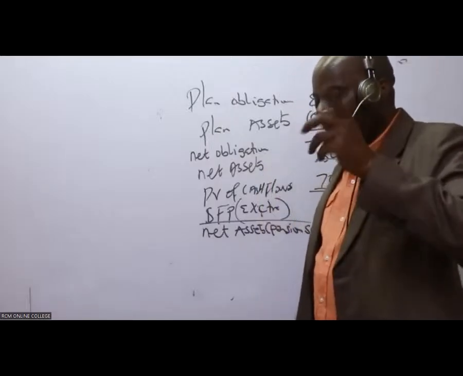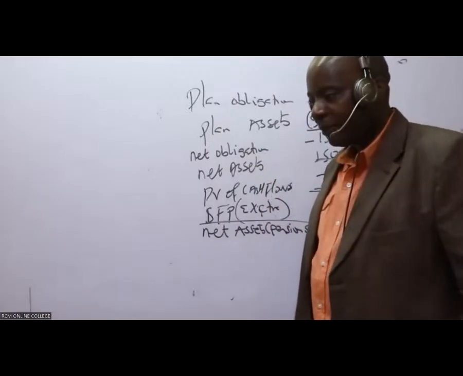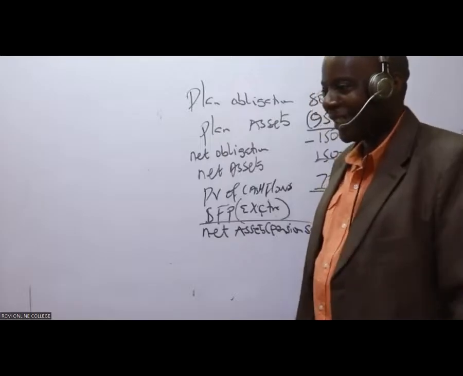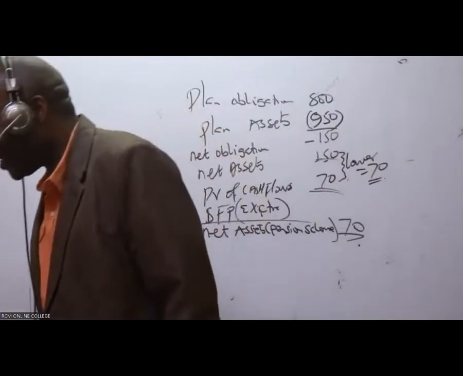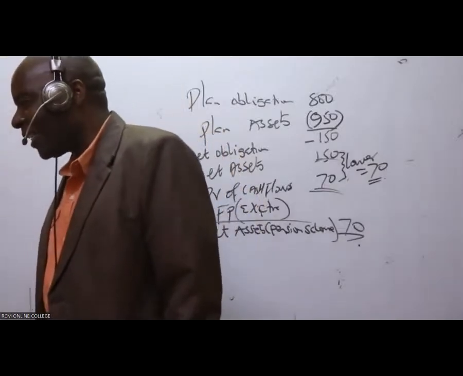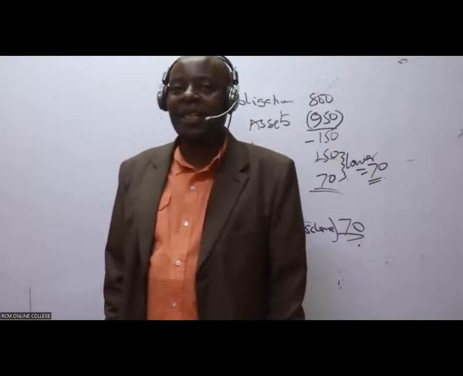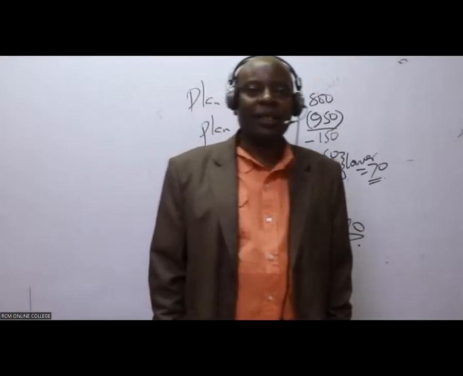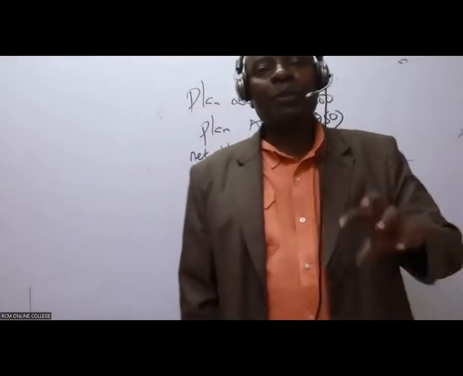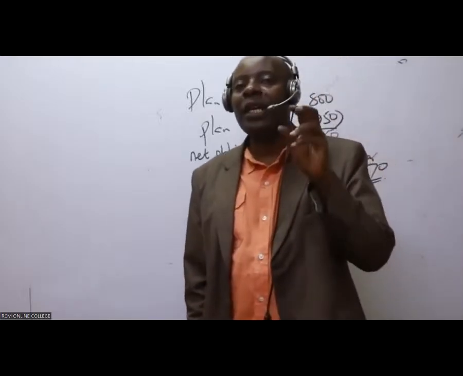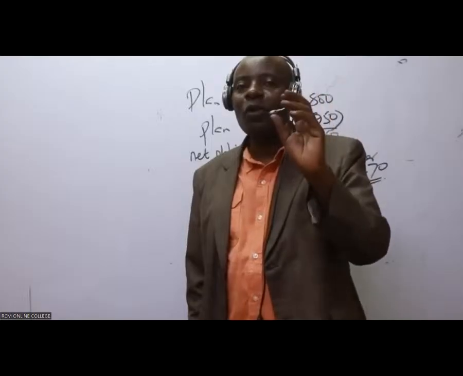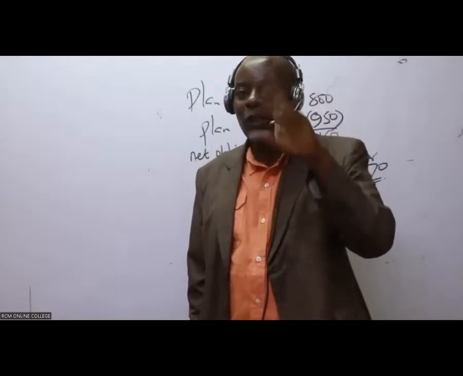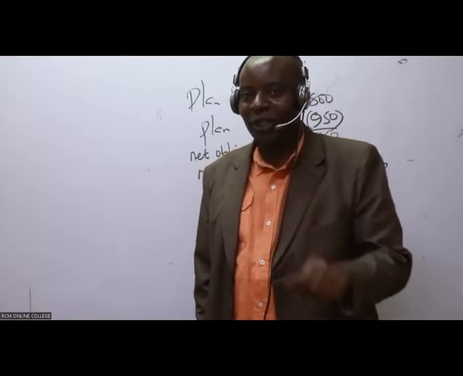What I'll never forget about this IAS 19: asset ceiling. So when you're explaining asset ceiling, remember, first of all, it has to be a plan which has a net asset. When net assets are more, you must always look for the present value, and then you work with the lower. That's how you explain this in your theory.